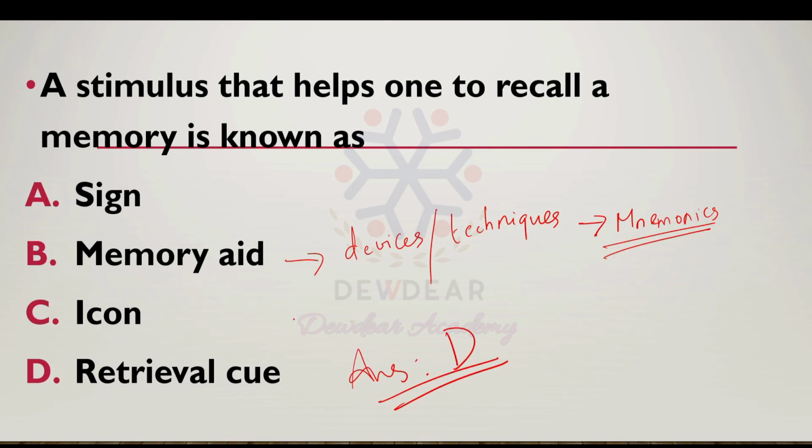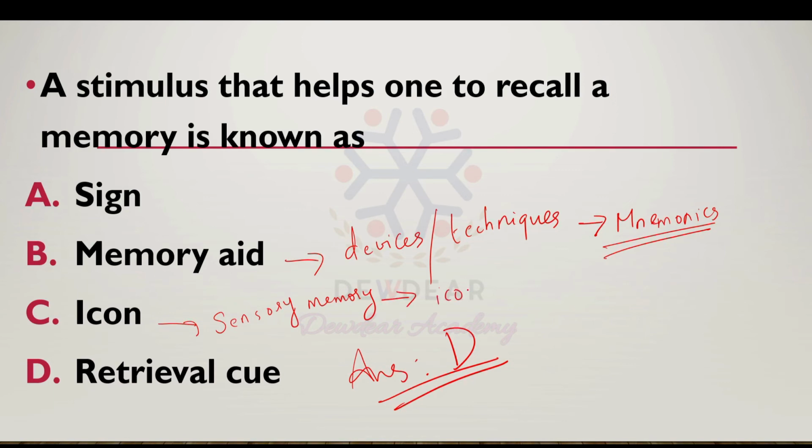And then icon means mental pictures of visual stimuli. That is just an example for the sensory memory.